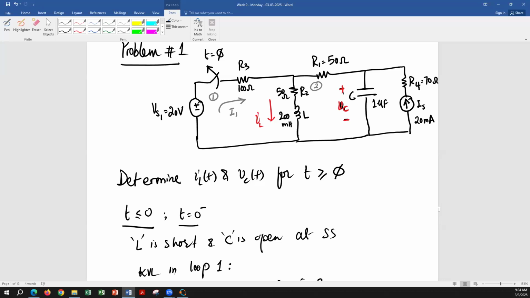IS times R1. No, that's the voltage across R1. Okay, you have to say it again. I didn't hear you. What did you say? R1 IS, that's IS. Okay, you have to tell me again.